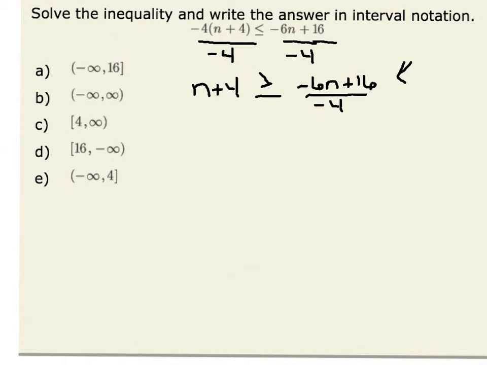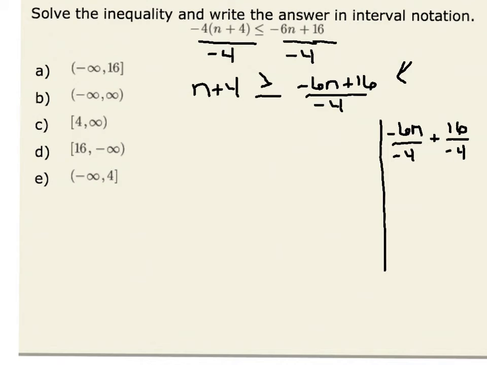We could simplify the right-hand side. We know that negative 6n plus 16 all over negative 4 is the same as a negative 6n divided by a negative 4 plus 16 divided by a negative 4.